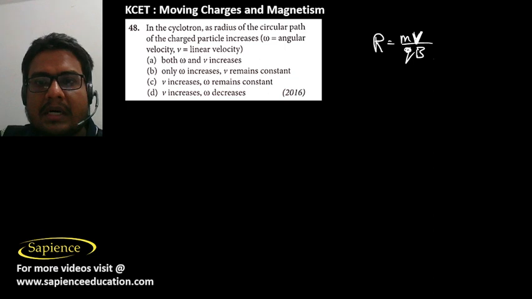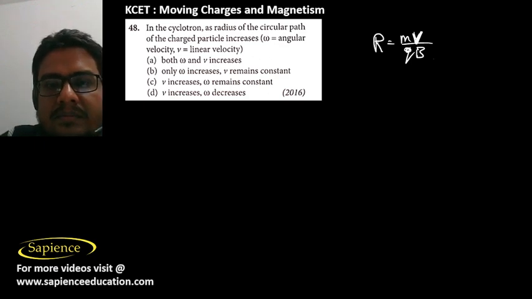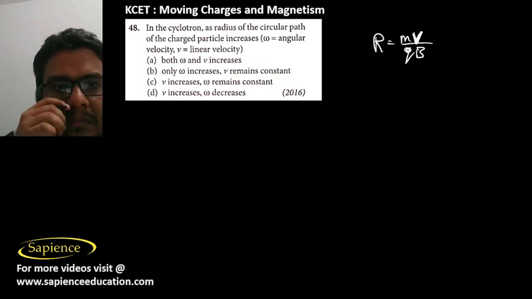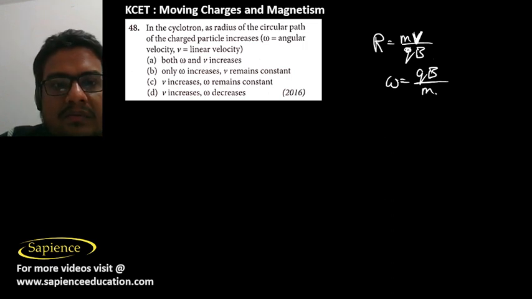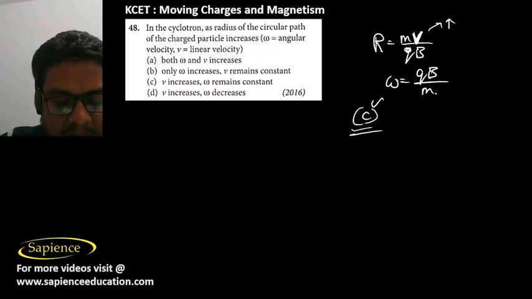After every half rotation, the velocity is increased and the radius of the charged particle increases. But omega is actually qB by m, so this remains constant. So v will increase, but omega will remain constant. So it means option C is the correct answer.